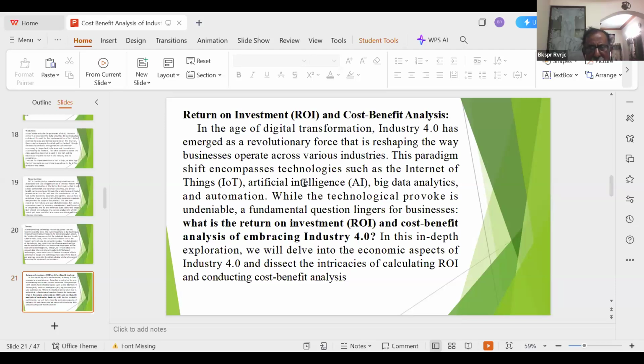While the technological promise is undeniable, a fundamental question lingers for business. What is the return on investment and the cost benefit analysis of embracing Industry 4.0? In this in-depth exploration, we will delve into the economic aspects of Industry 4.0 and dissect the intricacies of calculating the ROI and conducting the cost benefit analysis.